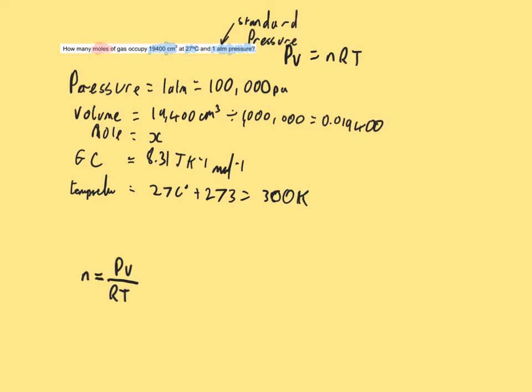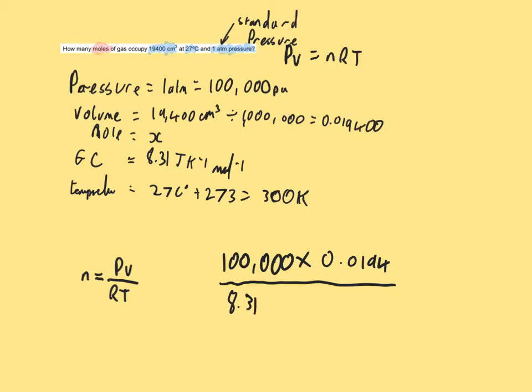Anyway, so we know our pressure, 100,000, times by our volume, which in this case is 0.0194. Divide this over our gas constant, 8.31, times by our temperature of 300. Once again, type this into a calculator. Please don't do this in your head. Also, I'm not going to shame you for doing it.